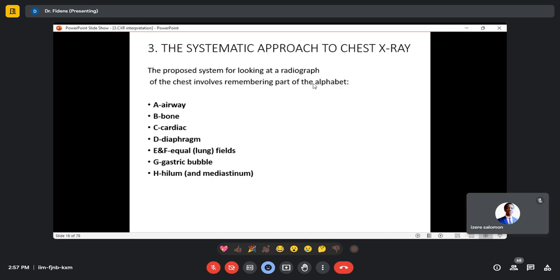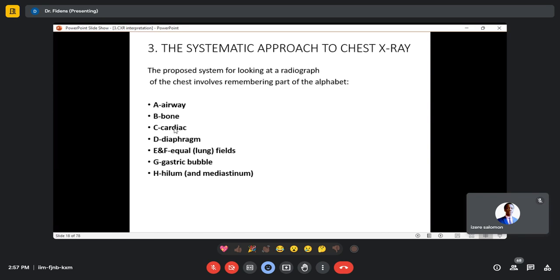This one uses an alphabetic way: A, B, C, D, E, F, G, H. For A, you check the airway, the trachea, the main bronchi. For B, you check the bones, each bone on the chest radiograph.